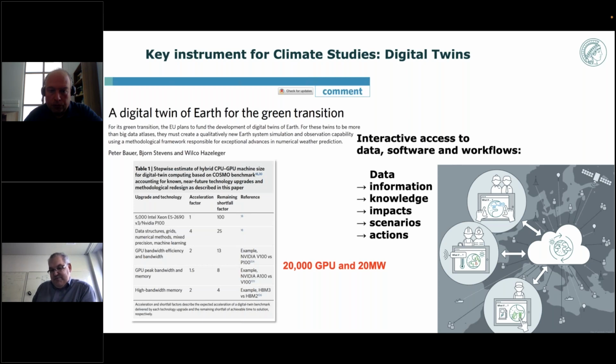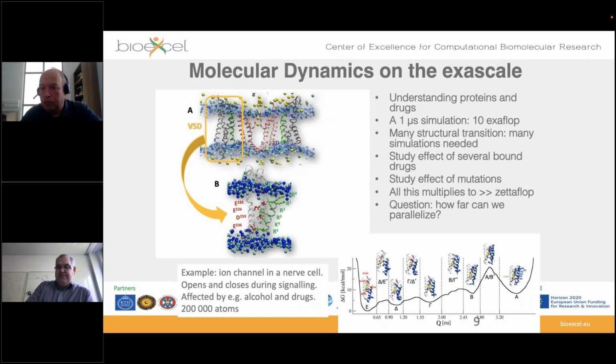So really have simulations, data, and processes available that allow them to simulate the Earth and then interactively see different scenarios, what impacts different actions have, and through that gain information and knowledge. They did a back of an envelope exercise estimating how much compute power they need, and they came up with a system of the size of Frontier with 20,000 GPUs and at least 20 megawatts of power that would be available.